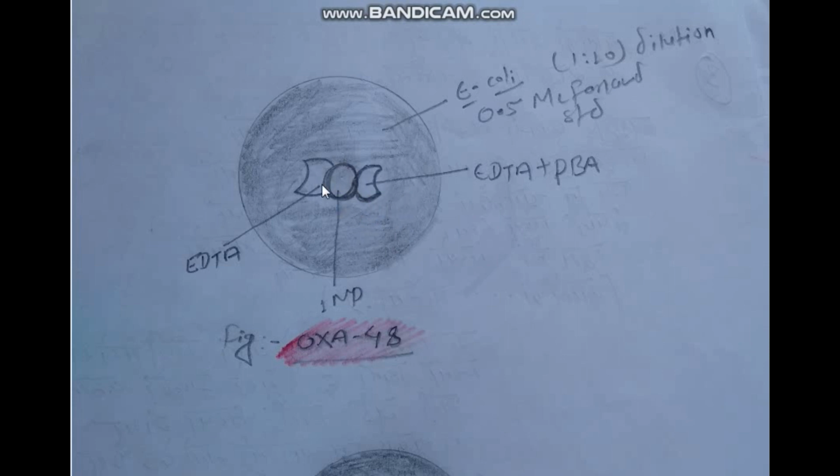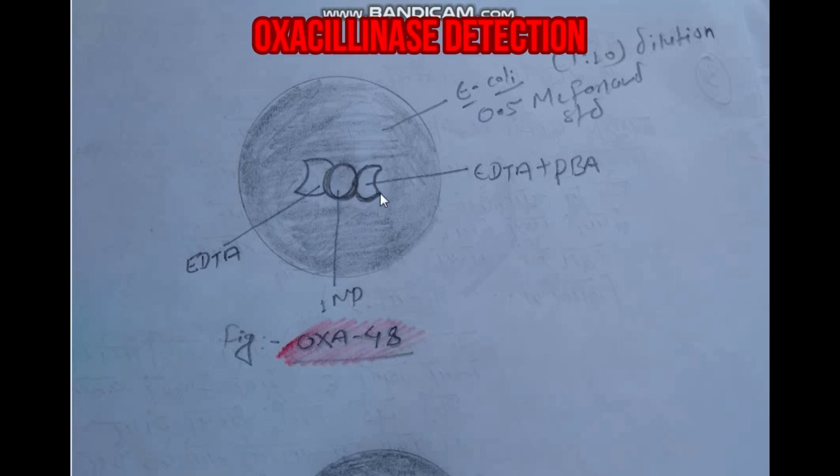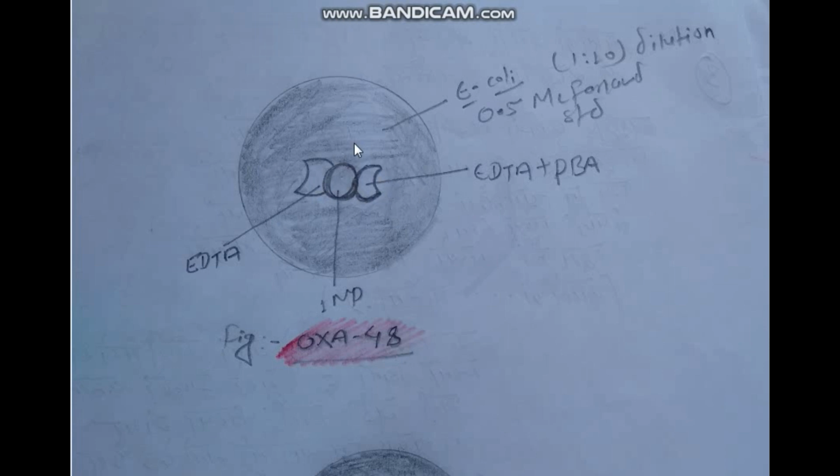Here you can see flattening of the zone of inhibition, indicating enzymatic inactivation of imipenem. Here you can see, so the result is positive.